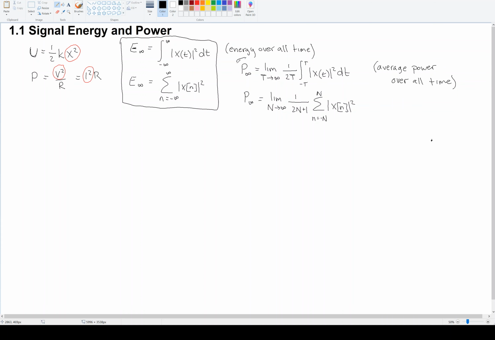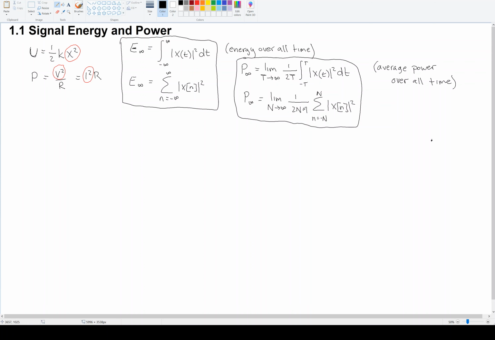And this is how we define average power. Now for the discrete time case, notice again, as n goes to infinity, we have kind of this double-sided infinity. So that is the energy, right? That's the energy. Then we divide it by this twice infinity to get the power.